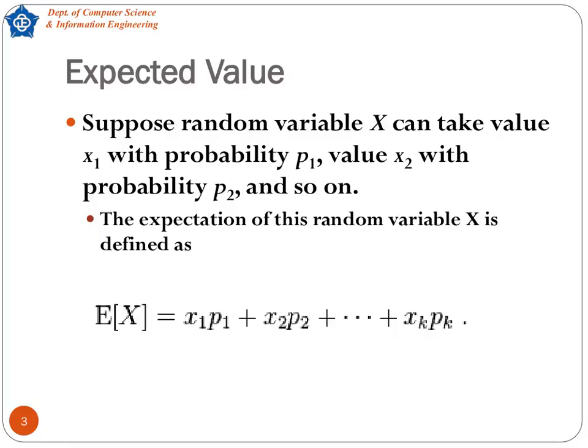The expectation of this random variable x, often denoted as E[x], is then defined by the formula you see on screen: E[x] equals x sub 1 multiplied by p sub 1, plus x sub 2 multiplied by p sub 2, and so forth, all the way up to x sub k times p sub k. In essence, the expected value is calculated by simply multiplying each possible outcome by its respective probability and summing all these products. It's like a long-term average if you were to repeat the experiment many times.